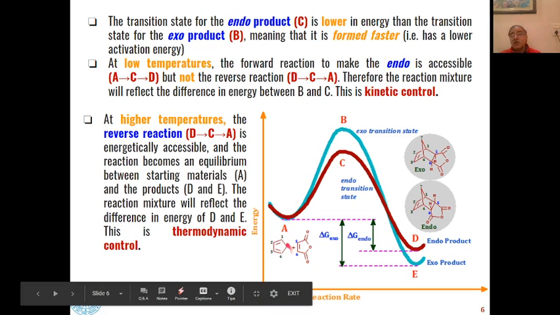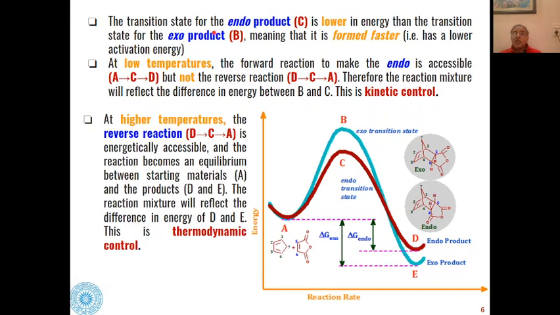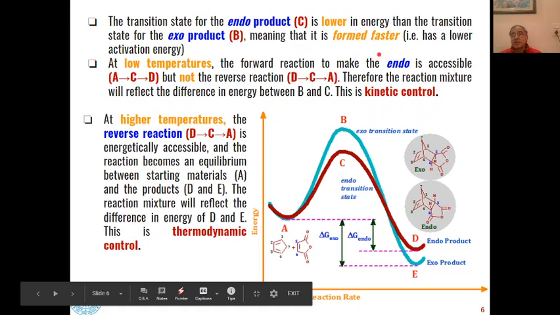A is reactant, cyclopentadiene and maleic anhydride, and formation of product at D, that is this endo product, passes through this transition state which is the endo transition state at point C. And if we compare the endo and exo transition state, this exo transition state is this one, B. If we compare the energy of these two, the endo transition state is at lower energy than that of exo, meaning that this product will be formed faster because this is having a low activation energy.